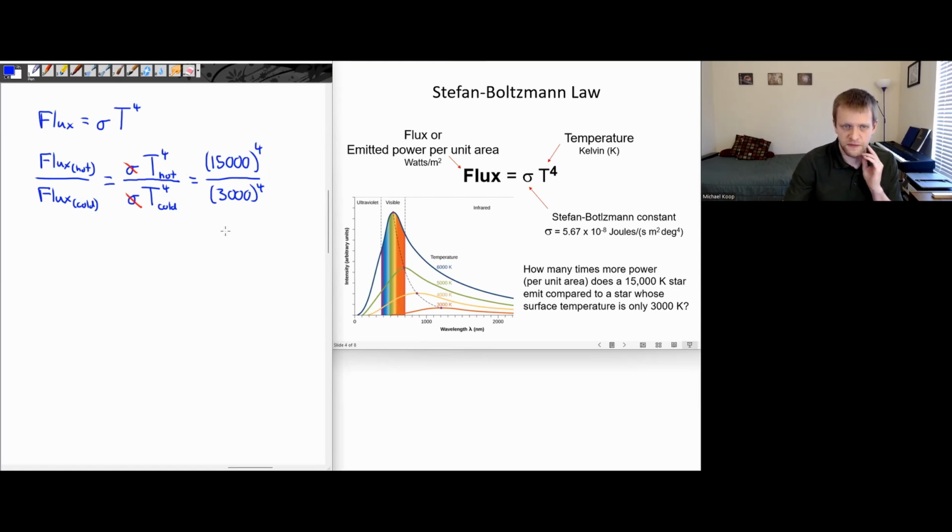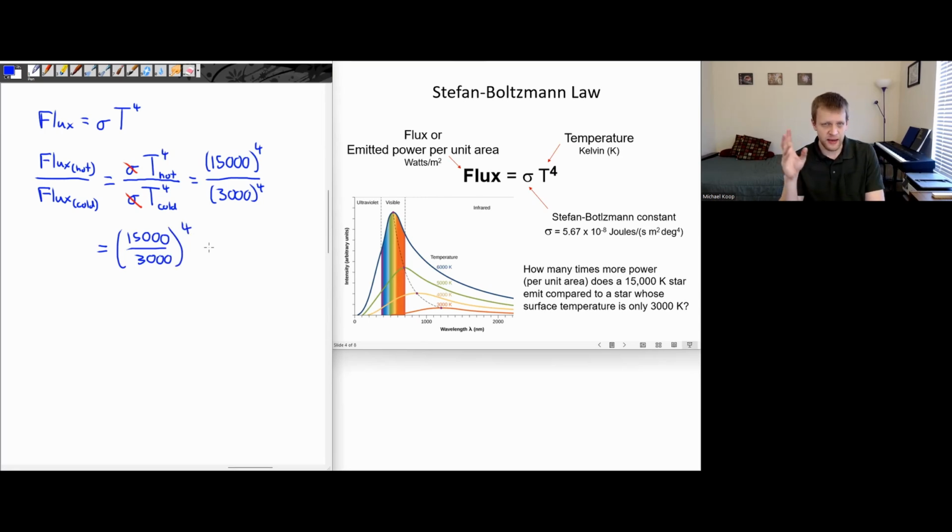Well, if you remember your rules about how to use exponents, if I have 15,000 to the power of 4, and I'm dividing by 3,000 to the power of 4, these are both the same powers, so I can combine these together and just say 15,000 divided by 3,000, all of that to the power of 4.